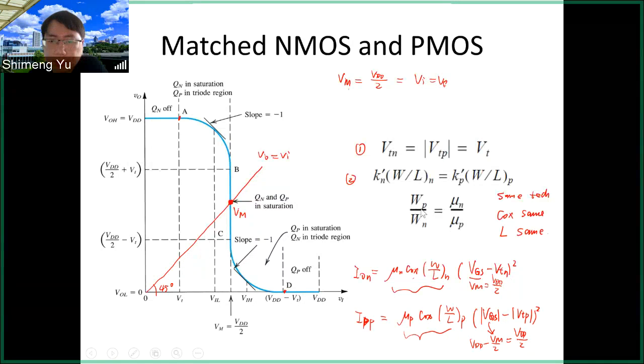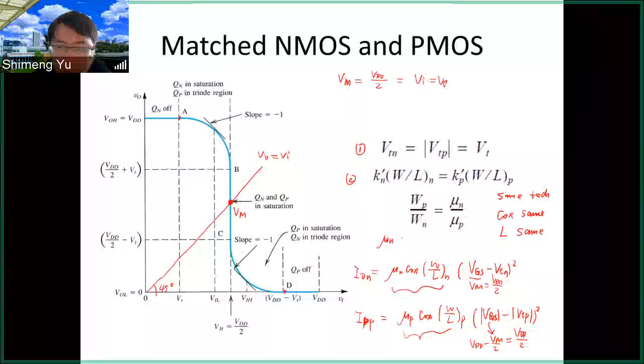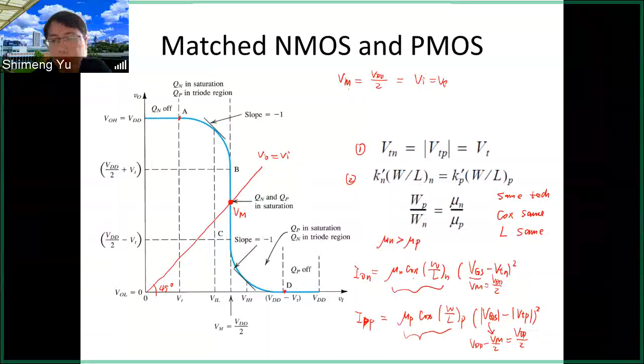So here you see that the mu n and mu p is the mobility ratio, and we know in silicon mu n is larger than mu p. So basically electrons move faster than the holes. That will be translated as Wp larger than Wn, because this is inversely proportional.